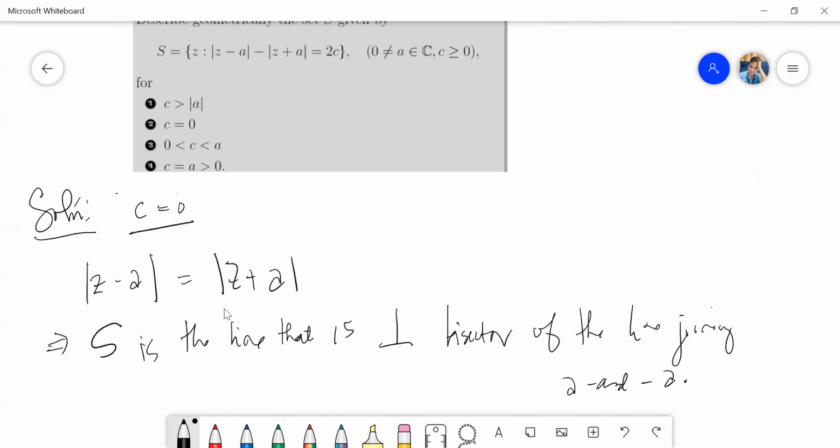Because if you notice, you pick all the Z's here, but you have negative A and positive A here, so they're actually joined by a line. So your Z here is a perpendicular bisector of that line connecting A and negative A. So that's it for this case.